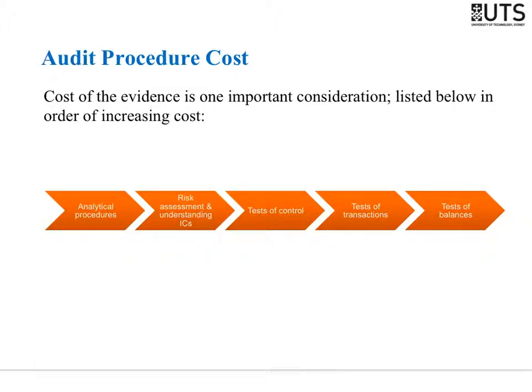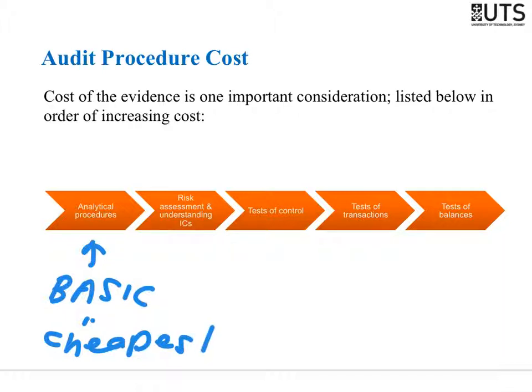Now, every single one of these types of testing that we've gone through, each of them has a cost associated with it. And that's what you see on your slides right now. The most basic type of testing is analytical procedures. And because it's the most basic, it's the cheapest. If you actually think about what you're doing with analytical procedures, you're getting all the numbers and you're just calculating based on the numbers.